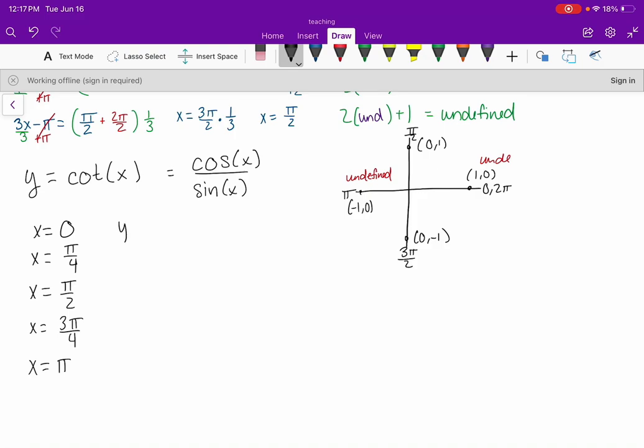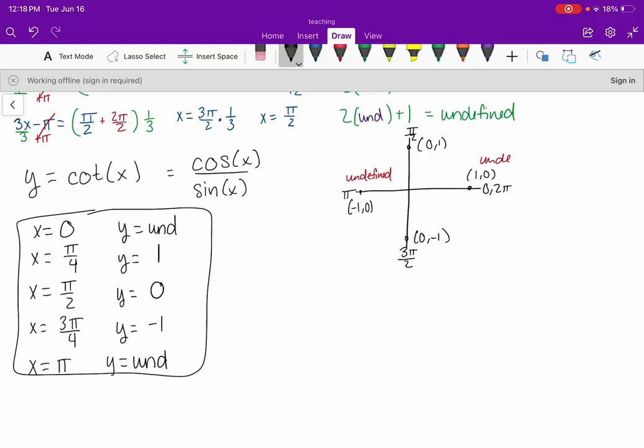The original y values: we are undefined at 0 and pi. Cotangent of pi over 4 is positive 1. Cotangent of pi over 2 is 0. Cotangent of 3 pi over 4 is negative 1. So these are your original values for cotangent.